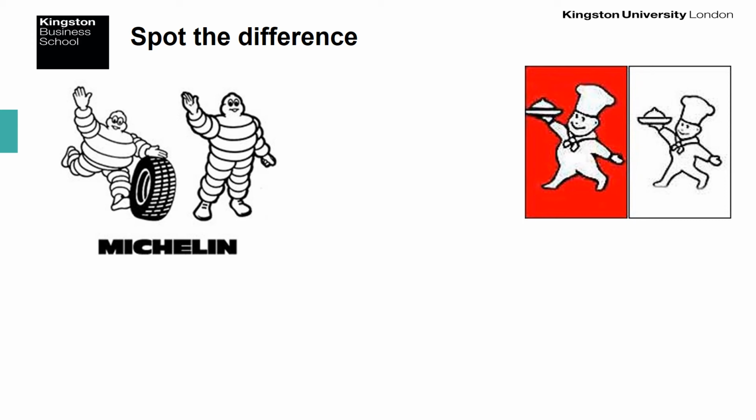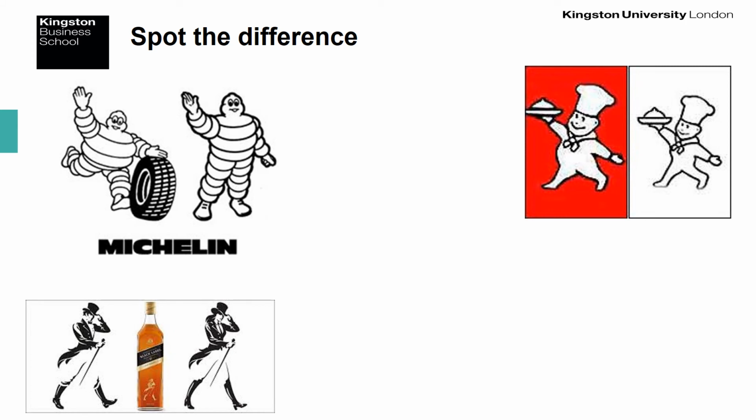What is different between the Michelin logo on the left and the Michelin logo on the right? Note down your differences and bring them to class. Then we've got the Little Chef logo on the right hand side. And again, what has changed between the Little Chef on the left and the Little Chef on the right?